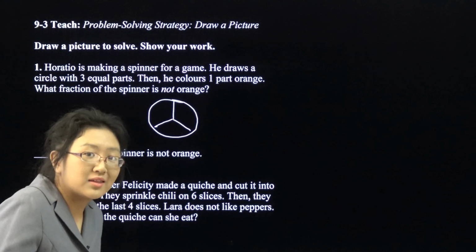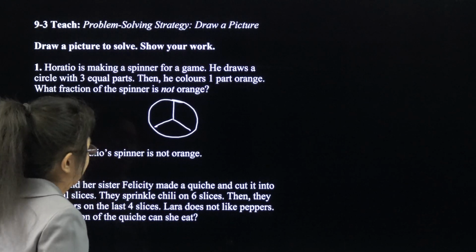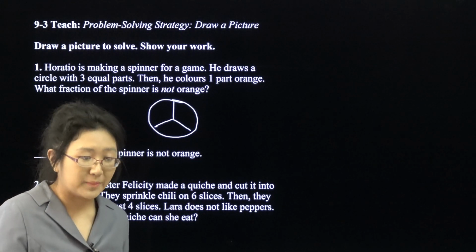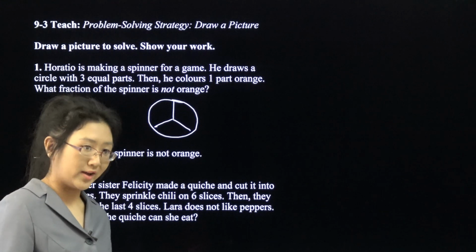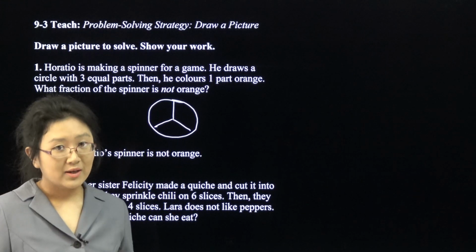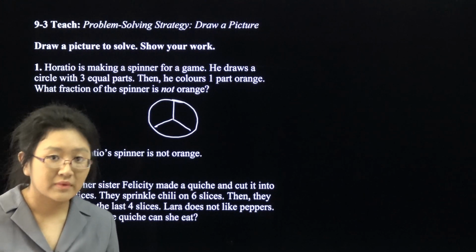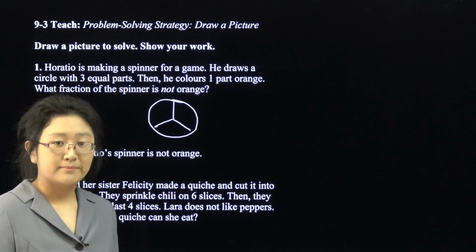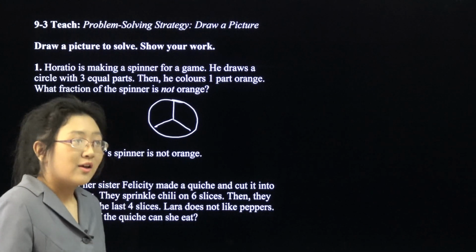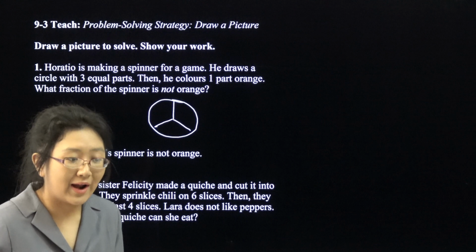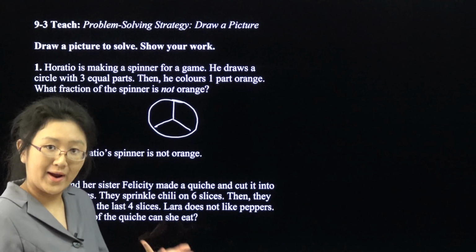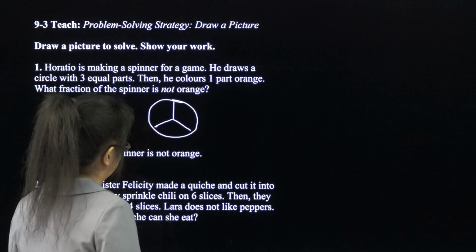Okay, guys, I know that this isn't the perfect circle, and this is probably not 3 completely equal parts, but because I don't have a compass, which is a circle drawing tool, I don't have a protractor to measure out each part, and I don't have a ruler, this is what we have. This is why it is important to draw mathematical diagrams with the proper tools if you want them to look correct and accurate.